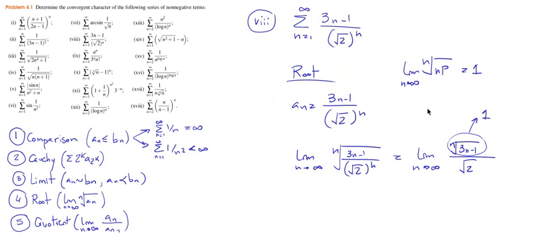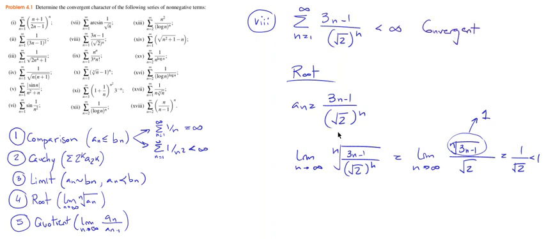This is one of the limits that we saw in the past unit. So the result is 1 over the square root of 2, which is smaller than 1, about 0.7. This means that the series is convergent because of the root test.